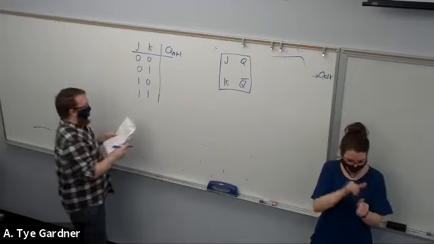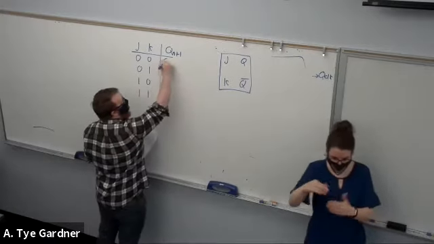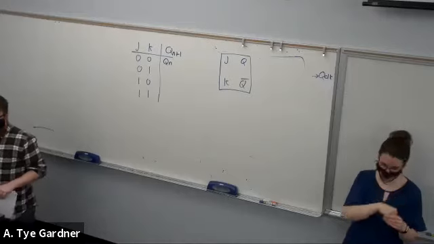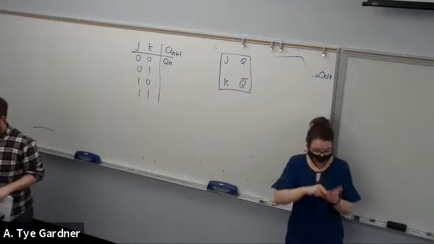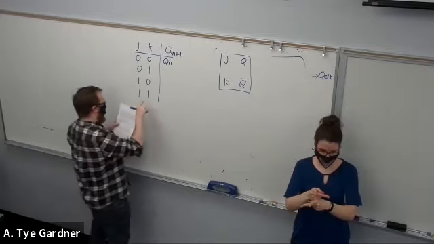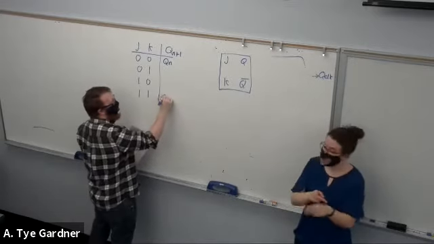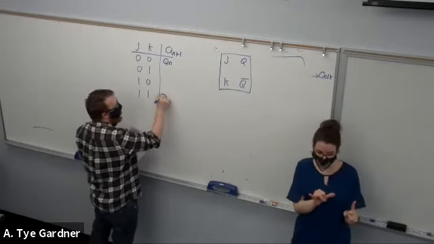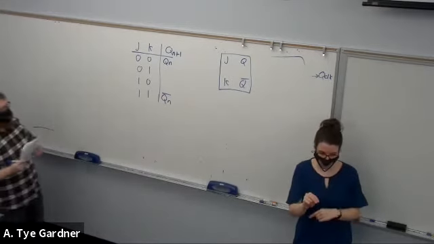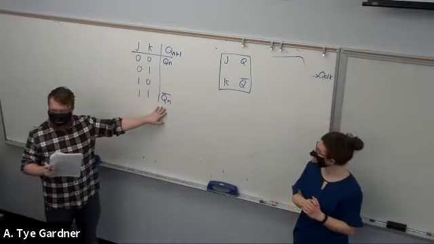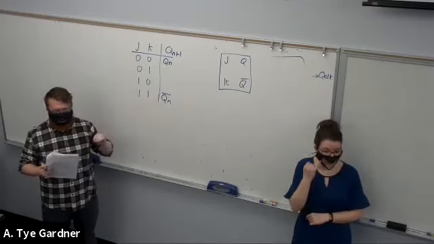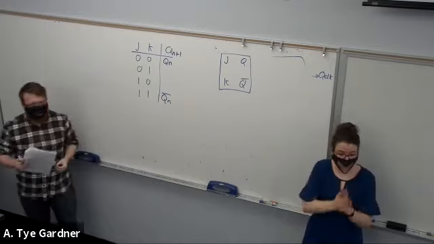If it's 0, 0, this one makes a lot of sense, it's Qn, meaning whatever it was before, keep it. 1, 1 is very similar, except it's not Qn. So that toggles, meaning if it was a 1, it becomes a 0. If it was a 0, it becomes a 1.